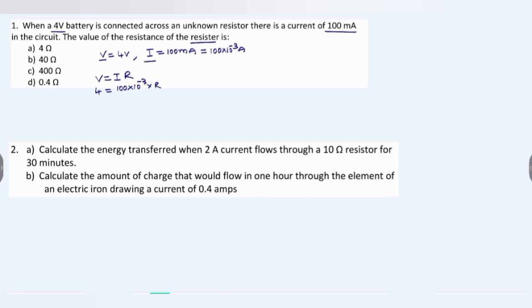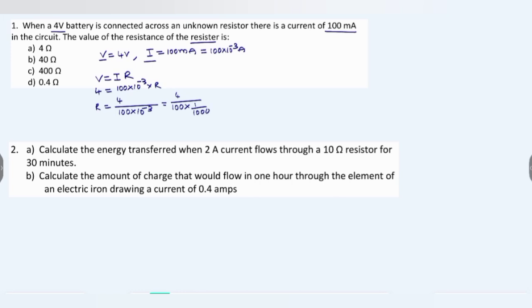Now we want the R value. R is equal to 4 by 100 into 10 to the power of minus 3. Let's write 100 as 100 only, but 10 to the power of minus 3 means 1 by 1000, you remember.